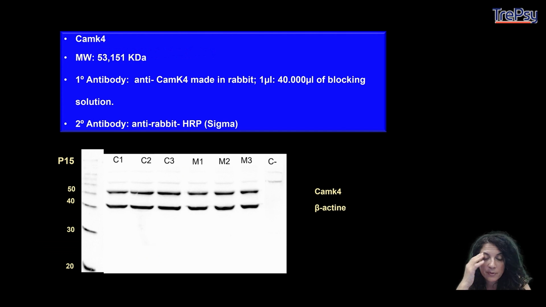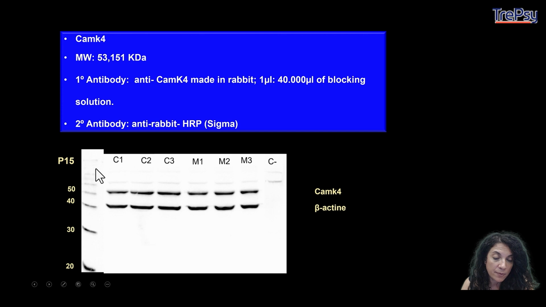So, for example, this is my example. I have this protein kinase 4, molecular weight 53, and the first antibody was made in rabbit. I put in a lane different proteins with different molecular weights.